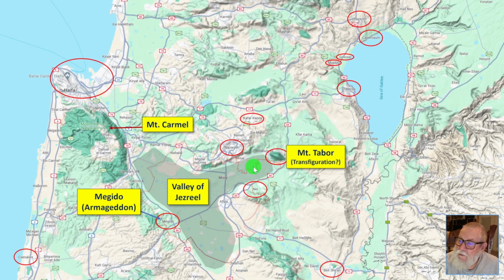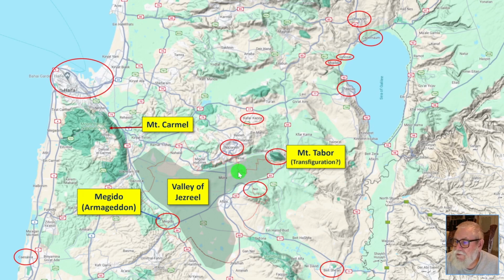And you may remember the story when Jesus read the scroll of Isaiah in the synagogue at Nazareth, and he said it was a messianic prophecy that he read, and he said that today this scripture is fulfilled in your presence. Well, they took that to mean I am God, which of course it did mean. And so they tried to throw him over this cliff, but he passed between them. It's quite an impressive cliff.